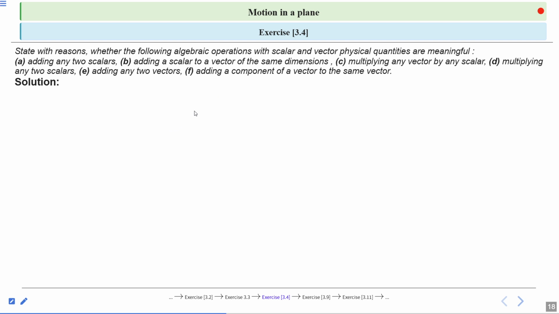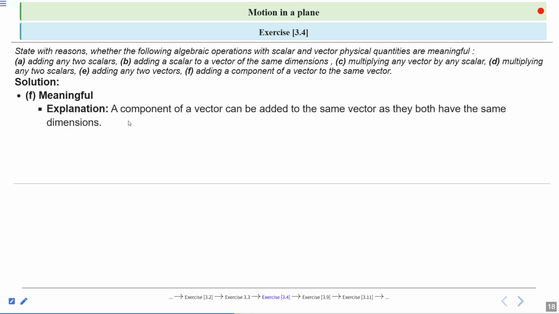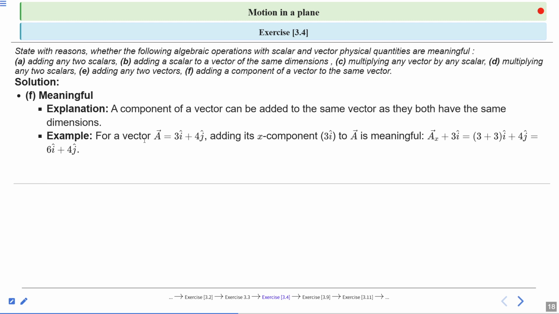If we talk about F, F is meaningful because a component of a vector can be added to the same vector as they both have the same dimensions. For example, for a vector A equal to 3 i cap plus 4 j cap, adding its x component 3 i cap to the A vector is meaningful.